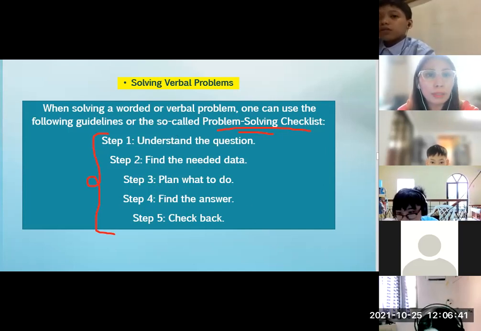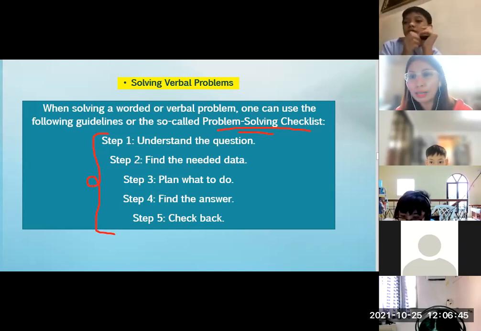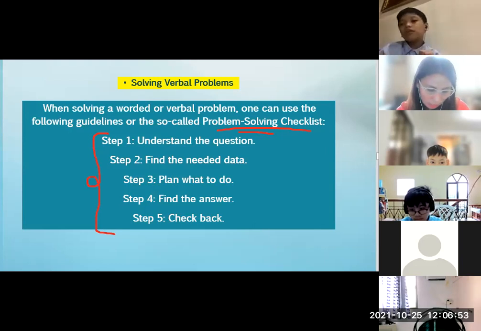So for number, wait lang. Let's record first. Sige. Jace.